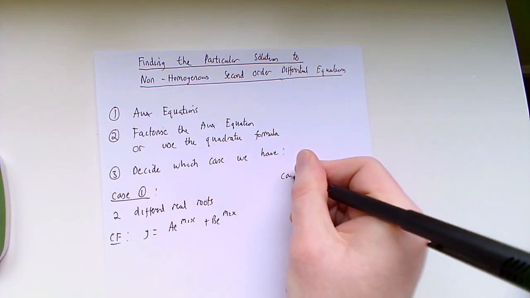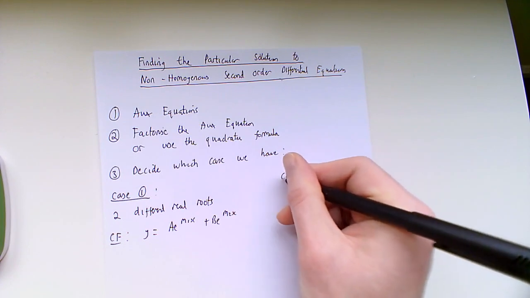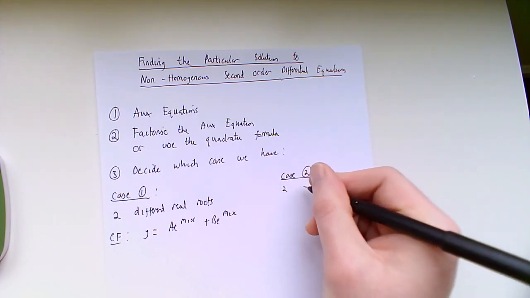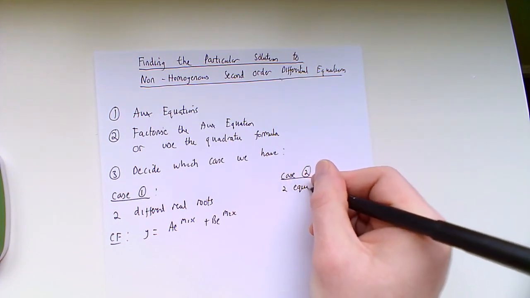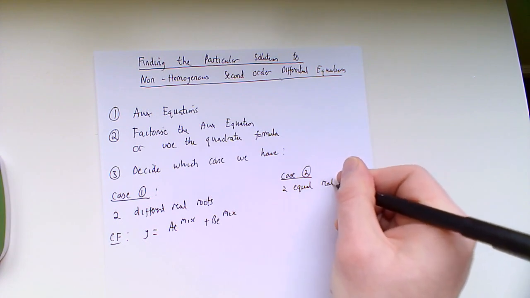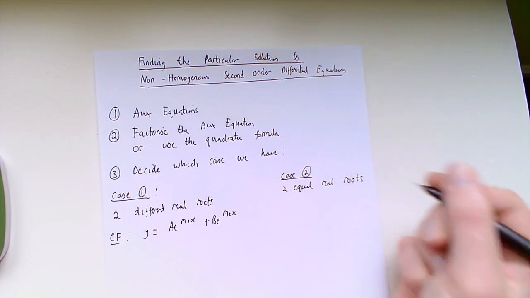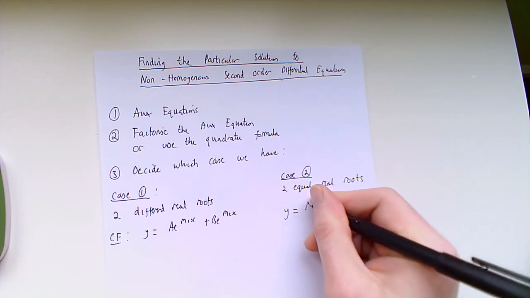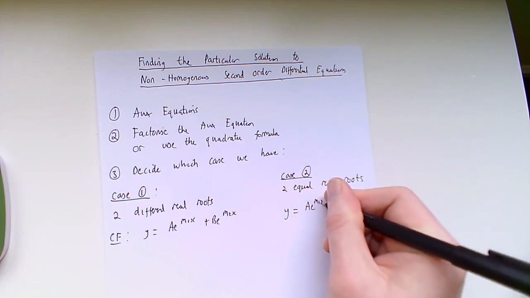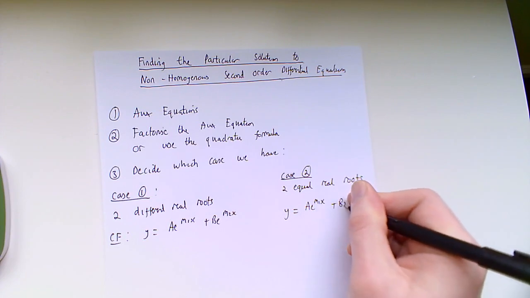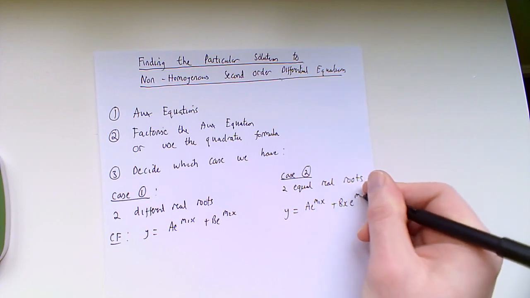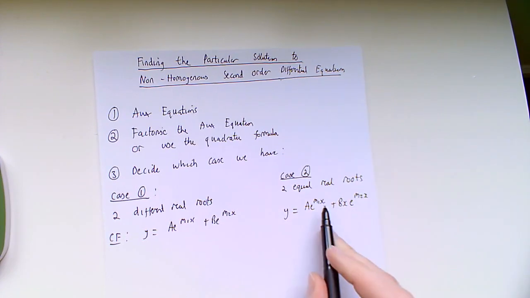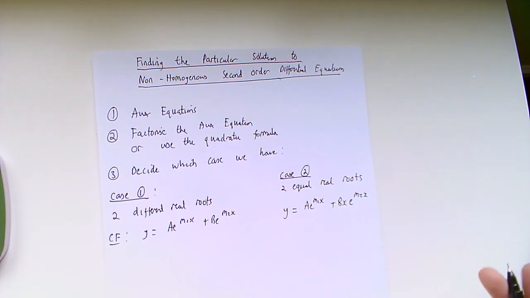Case 2 is if we've got 2 equal roots, roots that are the same. Our complementary function is y equals ae to the power of m1x plus bxe to the power of m2x. But remember, m1 and m2 are going to be the same thing.